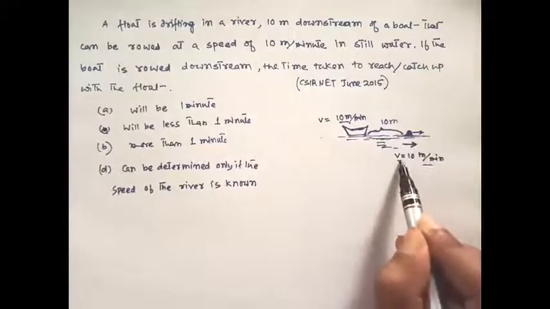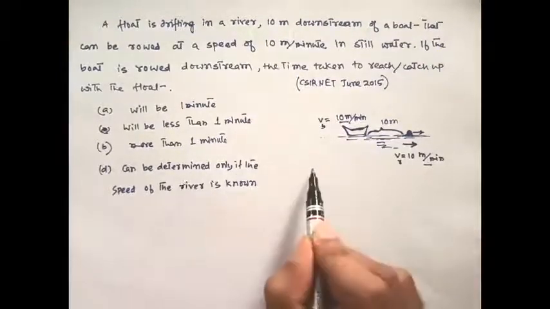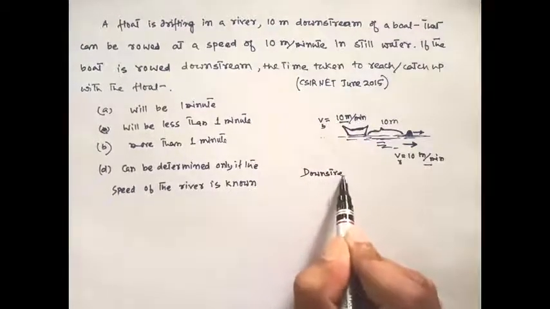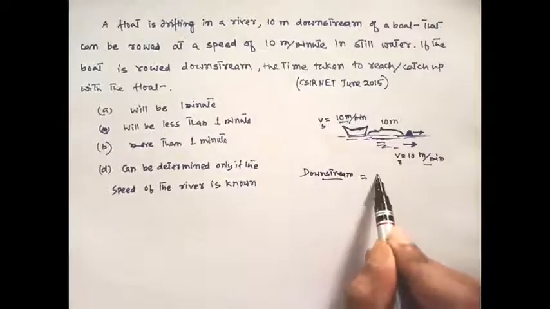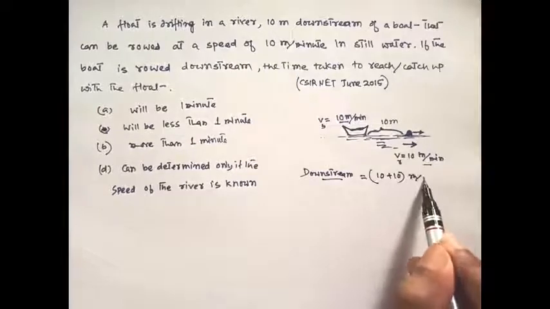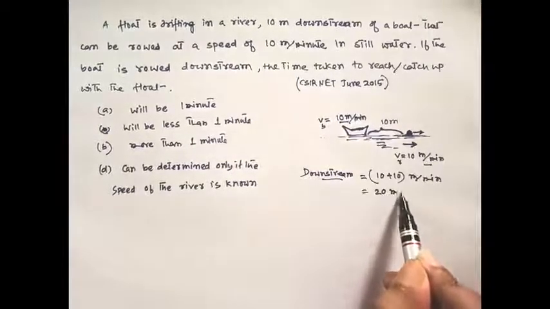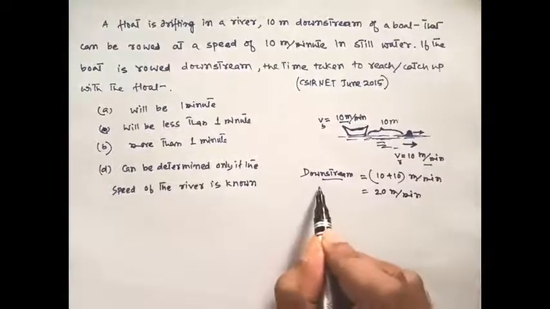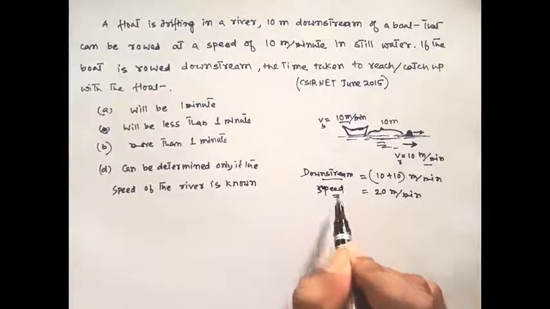This is the velocity of the river, and this is the velocity of the boat in still water. So the downstream velocity in this case would be 10 plus 10, that is 20 meter per minute, the downstream speed of the boat.